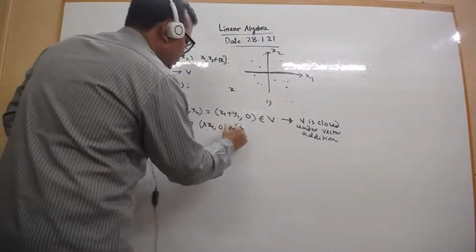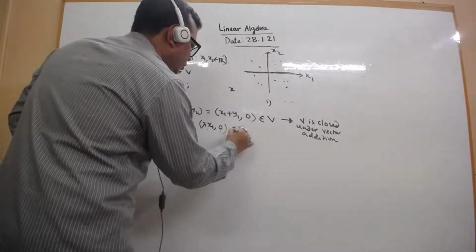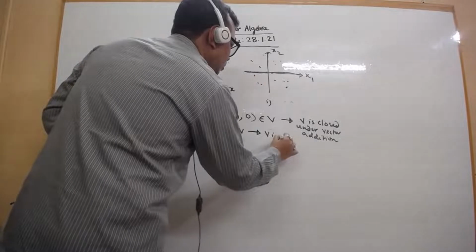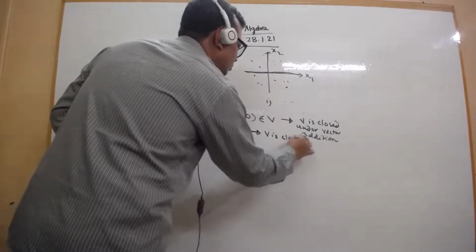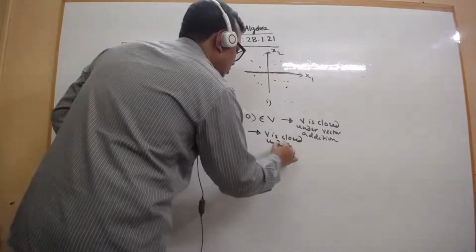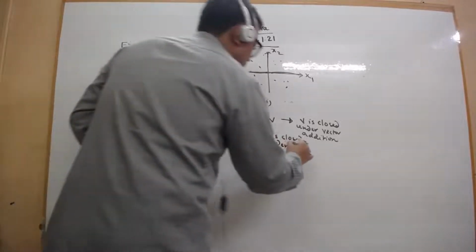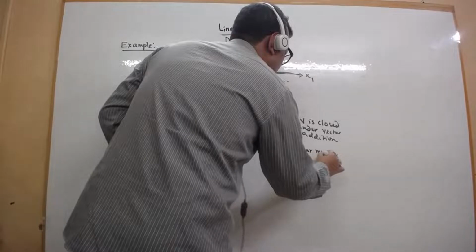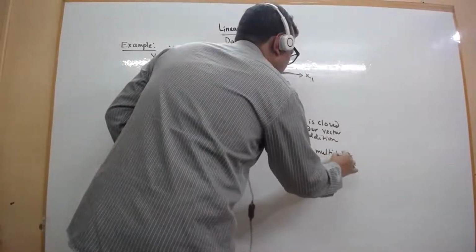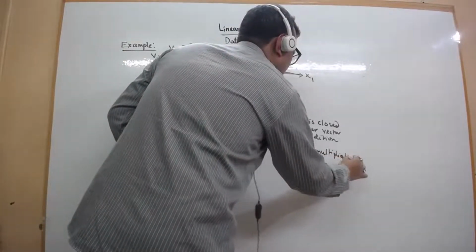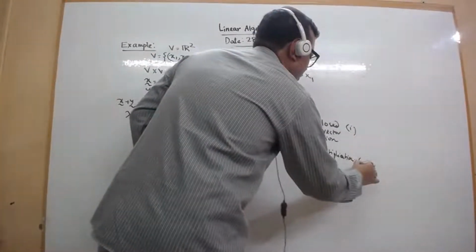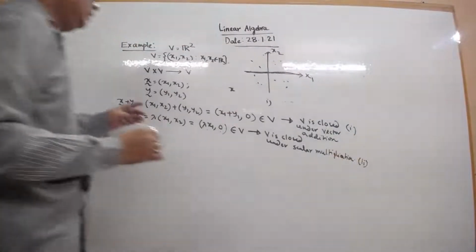So this also belongs to V. So V is closed under scalar multiplication. Hence, property number 1 and property number 2 are satisfied.